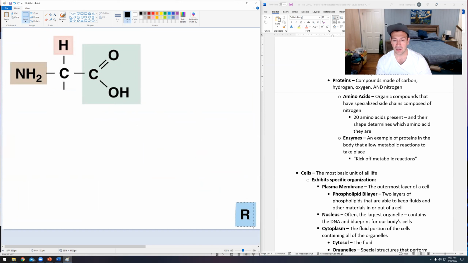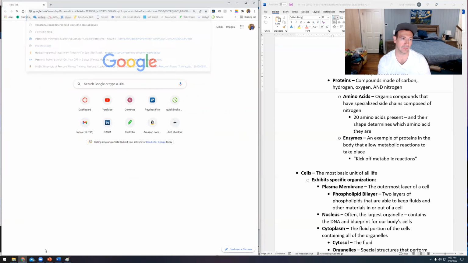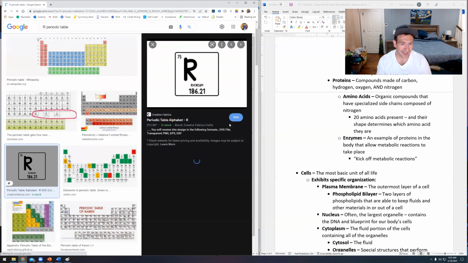Now, you might be wondering, if N stands for nitrogen and C stands for carbon and O stands for oxygen and H stands for hydrogen, what the heck does the R stand for? Well, there is not an R on the periodic table. What is this?